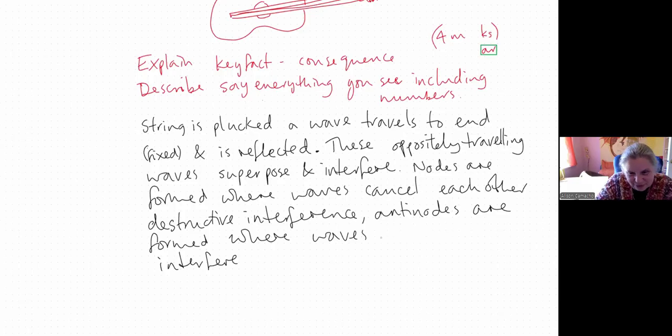Right, where waves constructively interfere. Well done. Thank you. Really, really good. You get a star. I'm going to give you a star. Thank you very much for saying that, because I would have got that wrong and that would have been wrong in the recording and everything. Okay, so antinodes are formed where the waves constructively interfere.